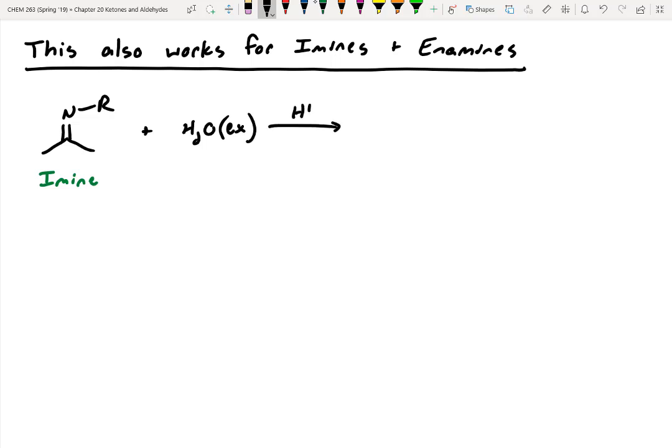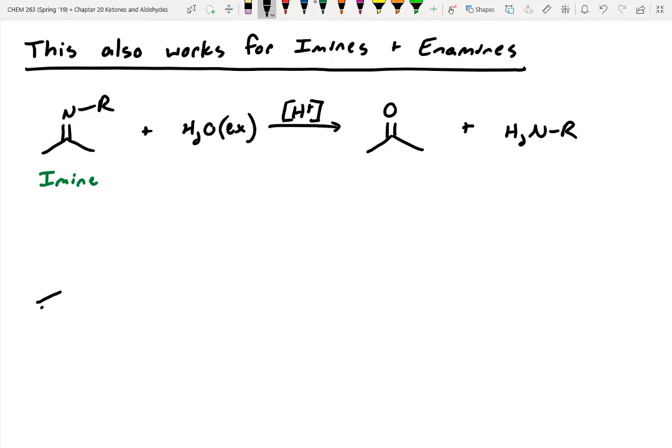We typically use some sort of acid catalyst. And when we do that, we're going to convert that imine into a ketone in this example. It also works with making aldehydes. And then in this case, we're going to get our primary amine, right? So we can just flood this with water and take advantage of that.